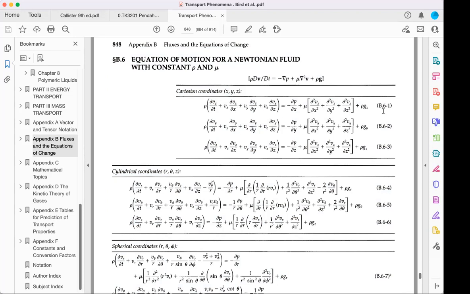So we will go through the examples on Friday, but you may want to see, for example, in a steady state, do we have dVx over dt? In steady state we don't, so we can eliminate that one.